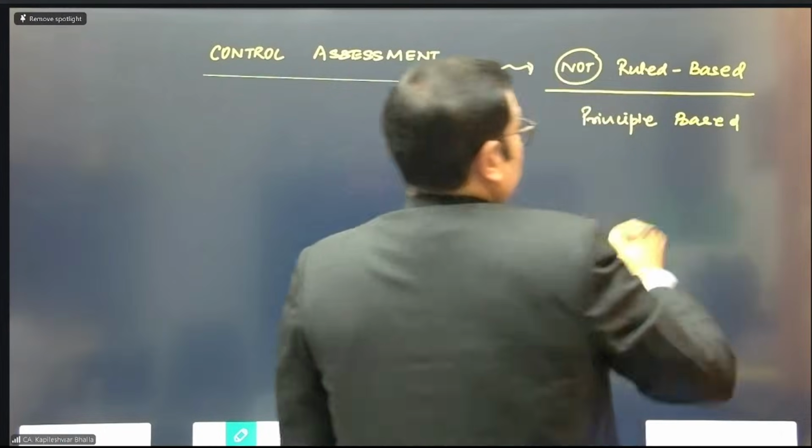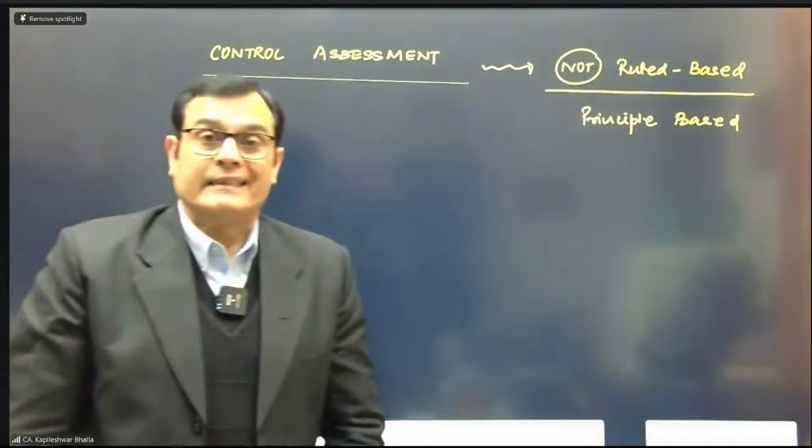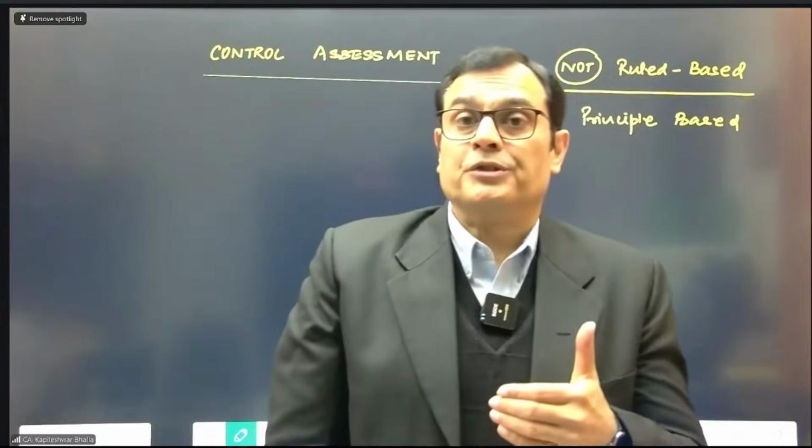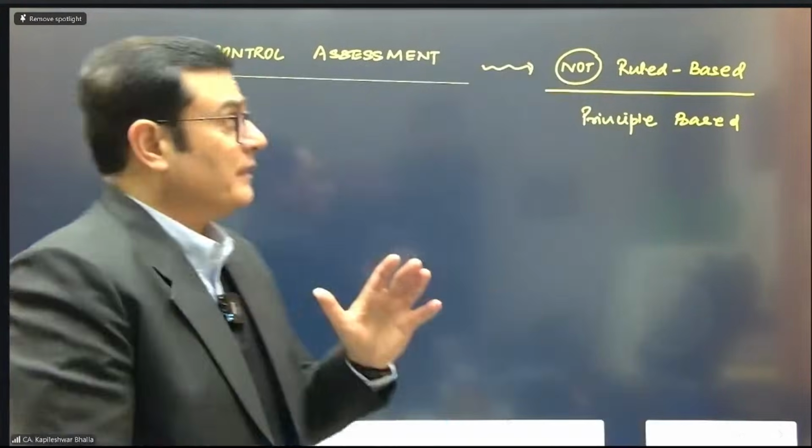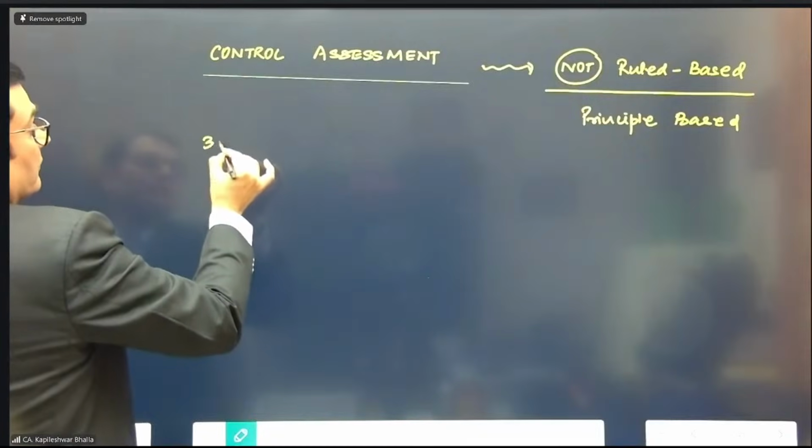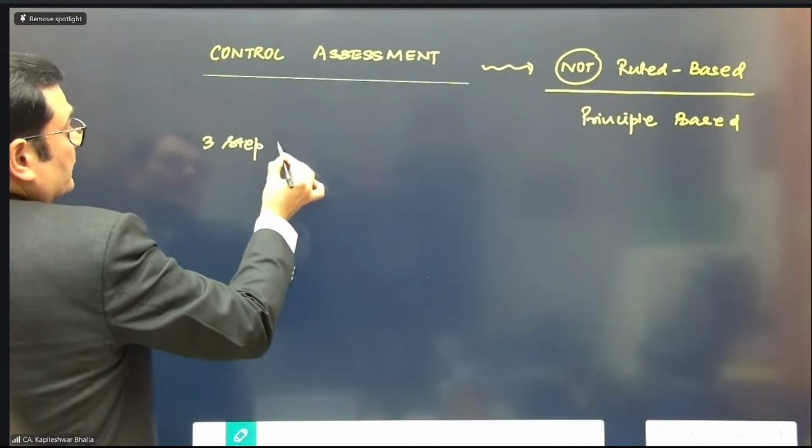We'll have to look at the facts of the case and then decide whether, as an investor, you control the investee or not. So let's pen down the three-step model. Then we'll start working on this.